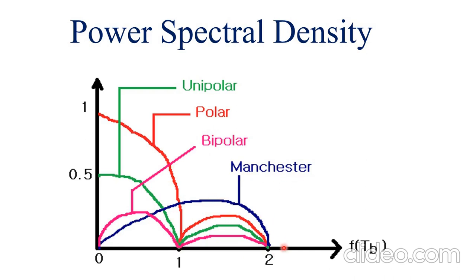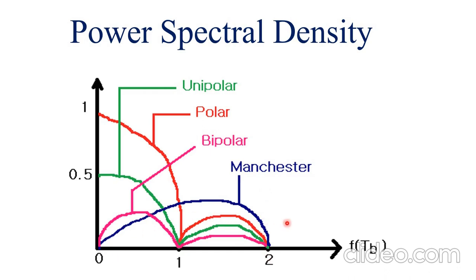So for Manchester scheme, its bandwidth is double that of all other schemes. So Manchester scheme has this biggest disadvantage. It requires double the bandwidth of other schemes.